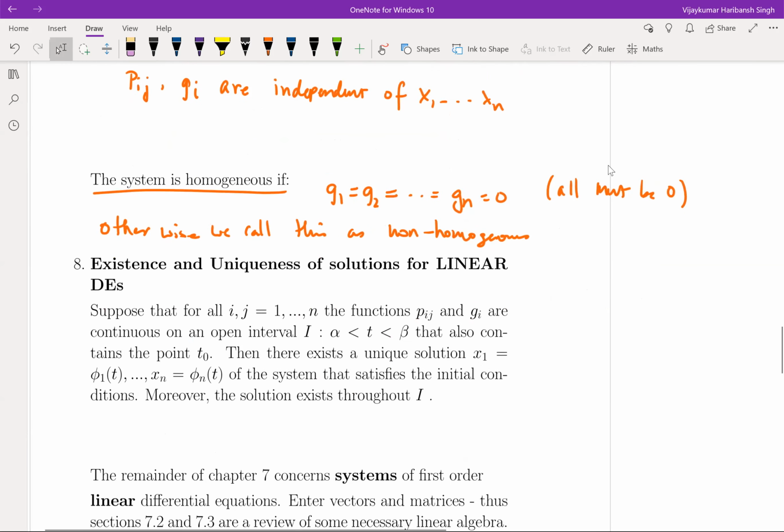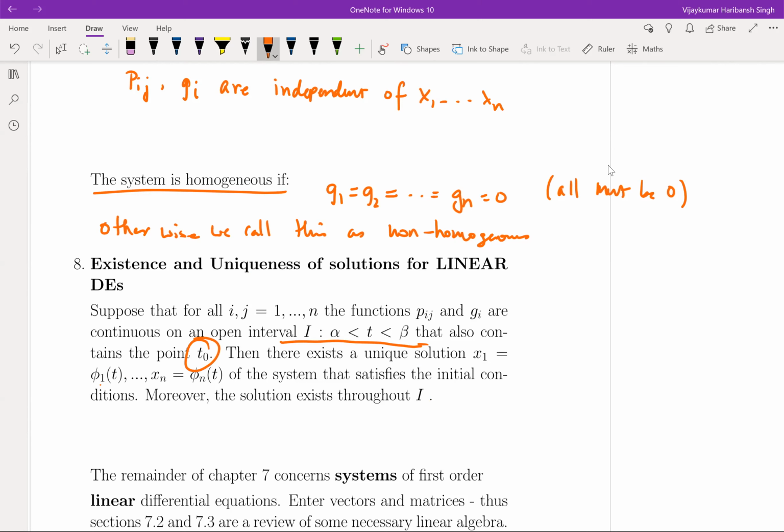Now, for linear differential equations, a system becomes easier. If you have the pij's and gi's as above continuous on an interval I, which also contains t naught, then there exists a unique solution: x1 equals phi1 of t, x2 equals phi2 of t, and so on, xn equals phi n of t. And what is this interval?